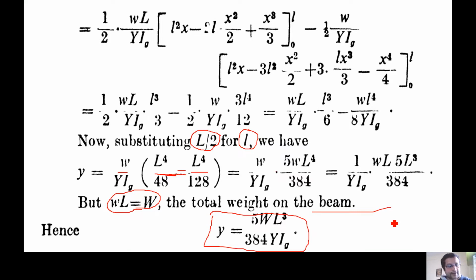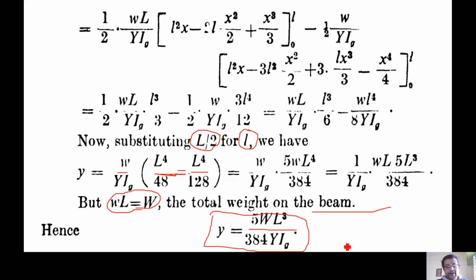For this particular case of y by bending, you have uniform loading throughout the beam. So this is a particular case, and you have different expressions that you derive, and any particular case can be asked to derive.